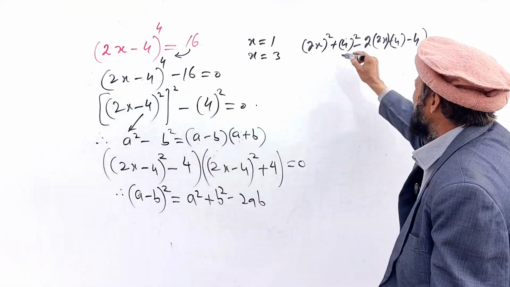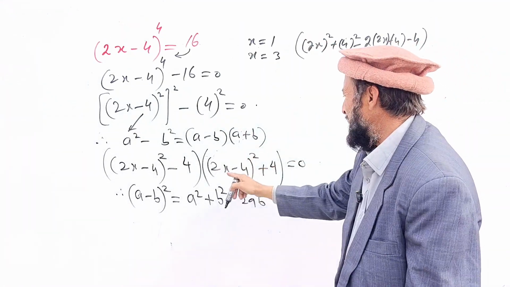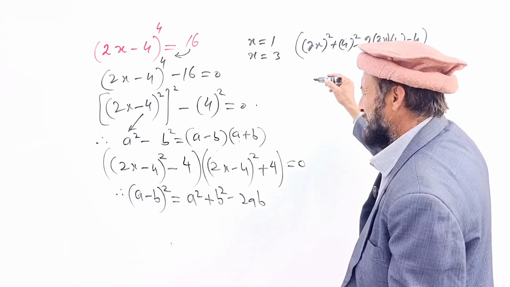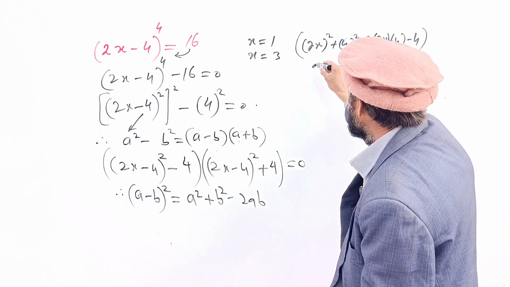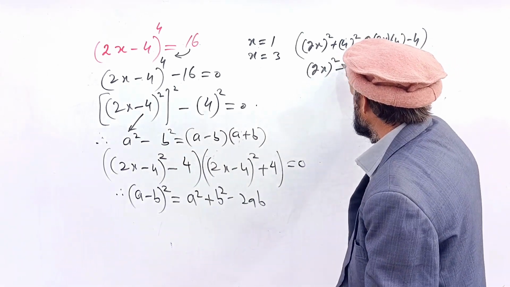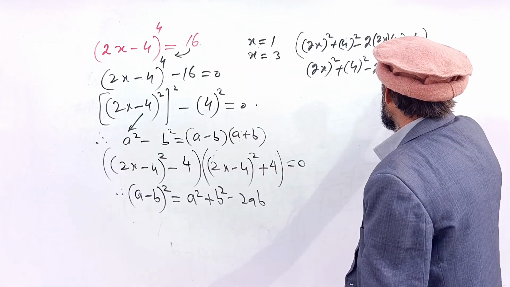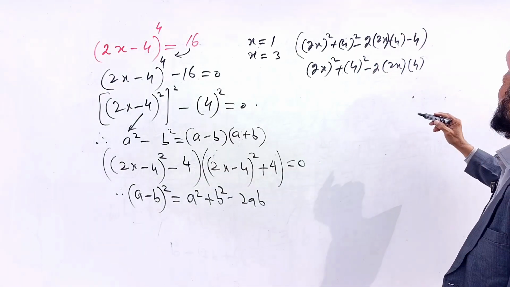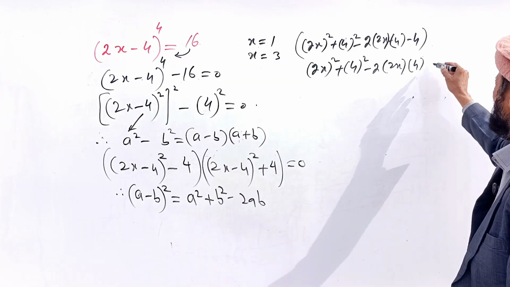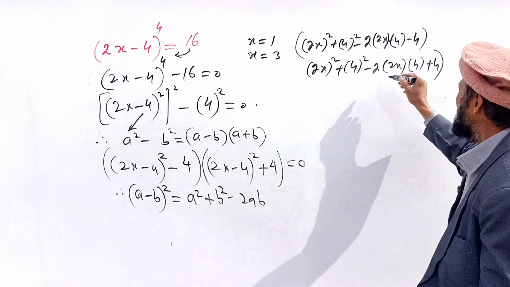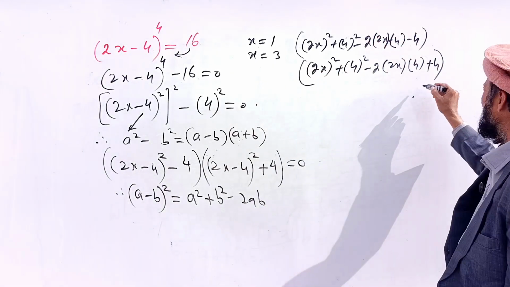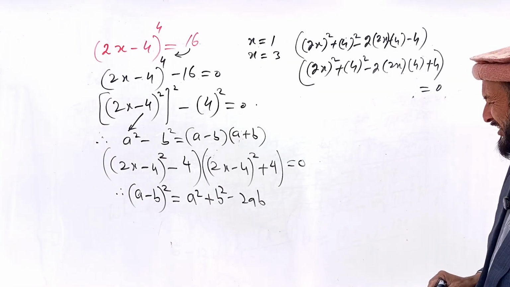Similarly, if we open the same term again, we get (2x) whole square plus 4 square minus 2ab and plus 4. So this whole thing is equal to 0.